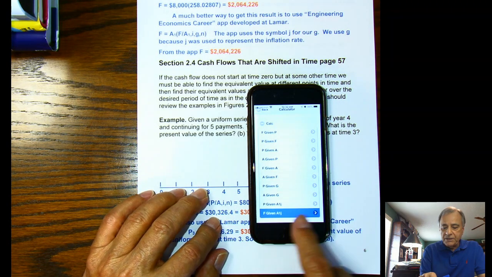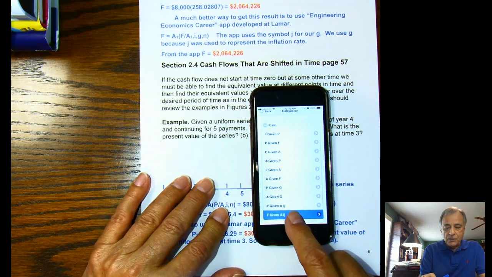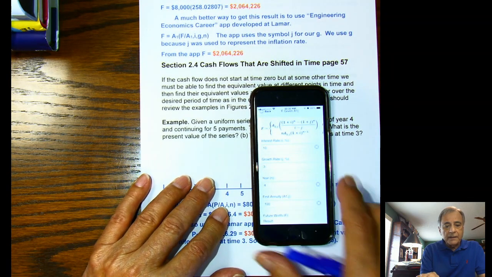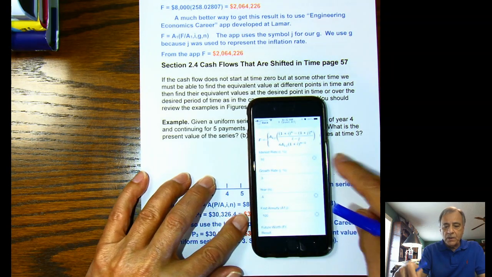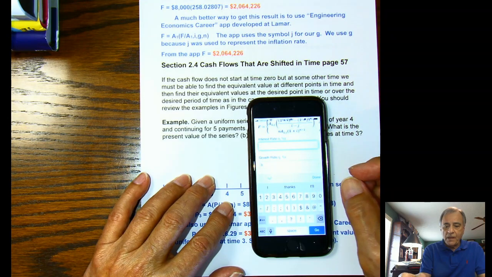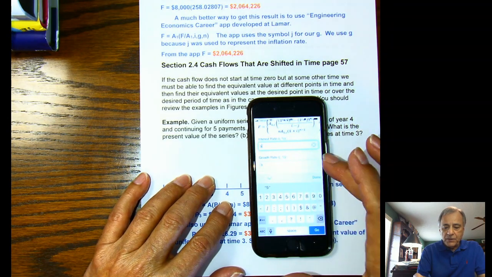I have a P given G and an F given G. I don't have an A given G. So I will just press that, and now it's asking me what's the interest rate. So I'll put in 5% or just 5, and then it's asking me for the growth rate.